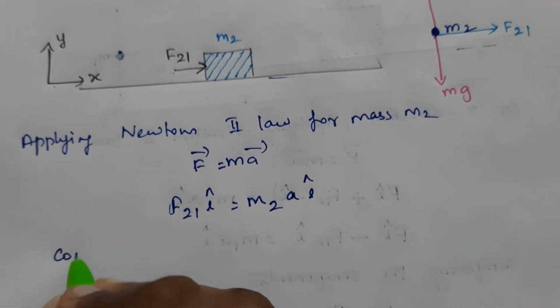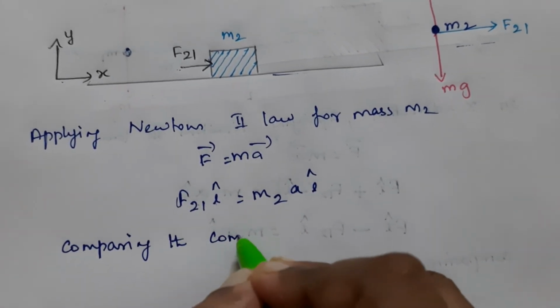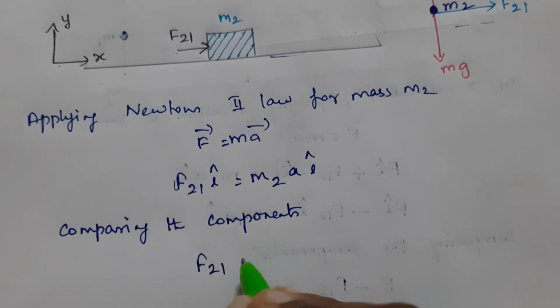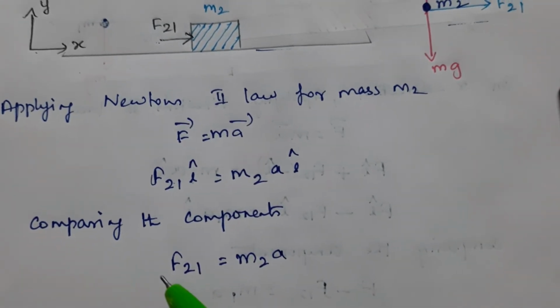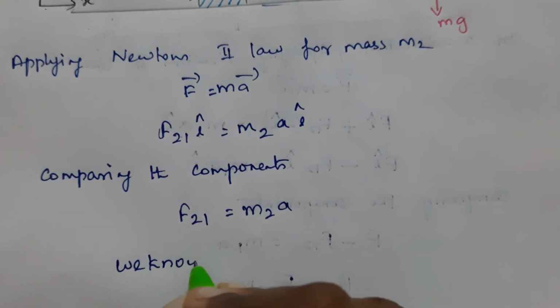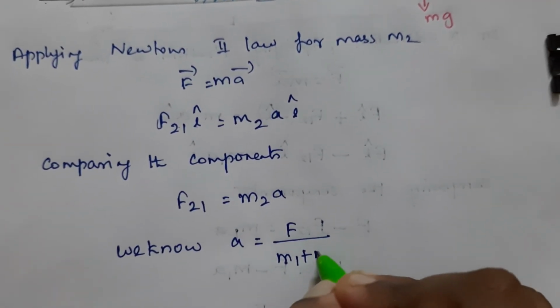Now comparing the components, what will you get? F21 is equal to m2a, because both the sides have only i vector. What is a? We know a is equal to f by m1 plus m2.